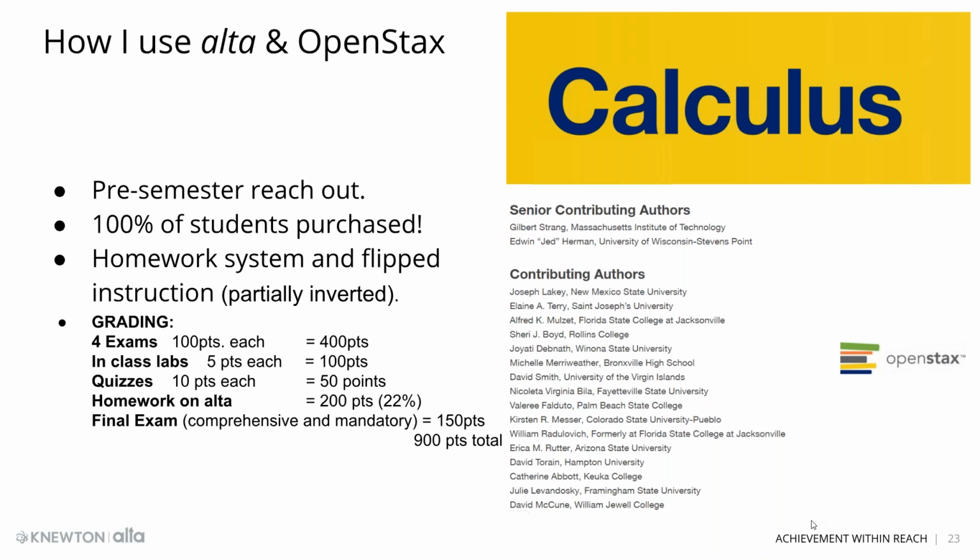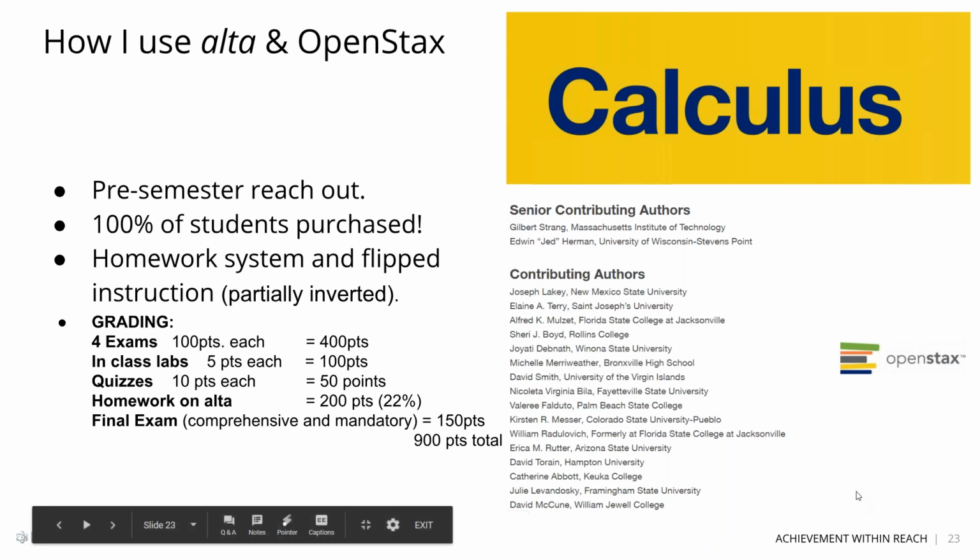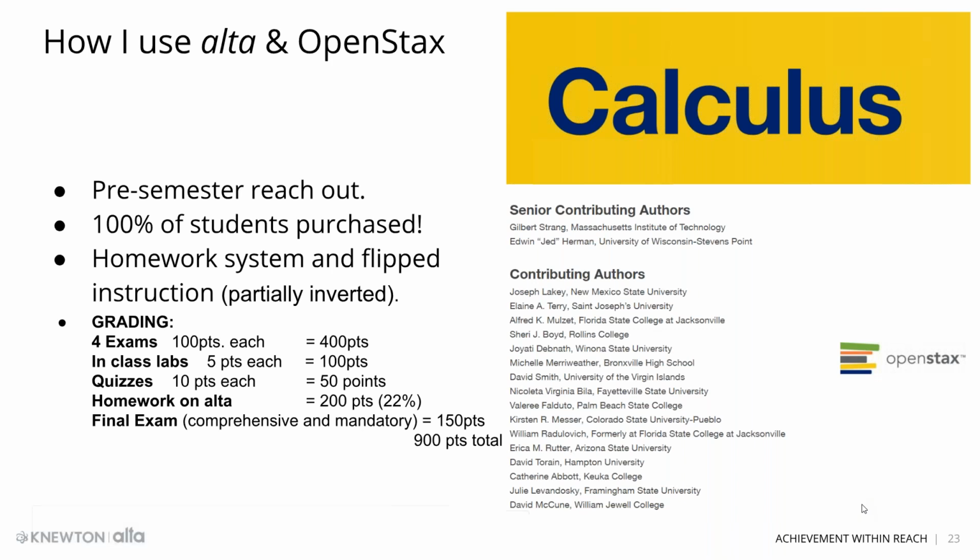And then the homework on Alta, which is really a huge undertaking because a 5 credit hour calc class has quite a few learning objectives, counts for 200 points of the total. And then, of course, I have a comprehensive final that all students have to take that totals 150 points. So that is my grading system.